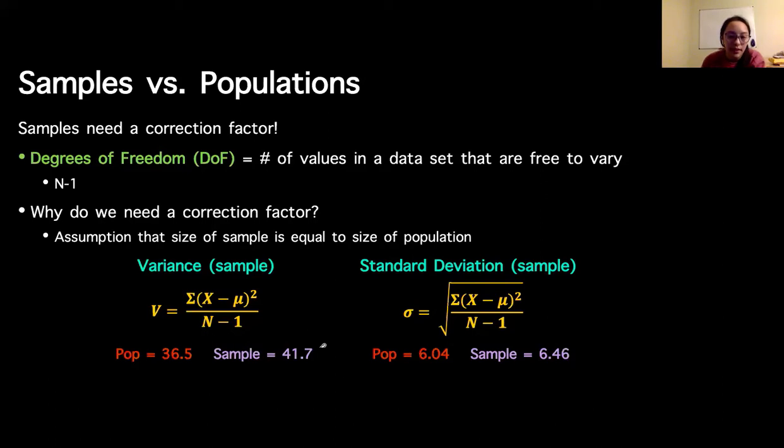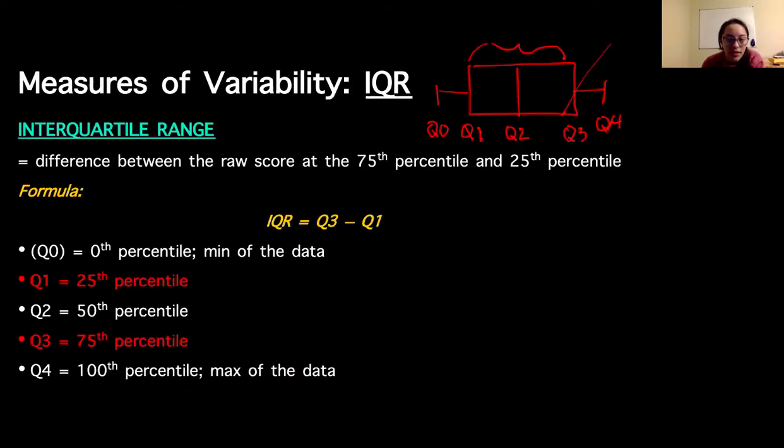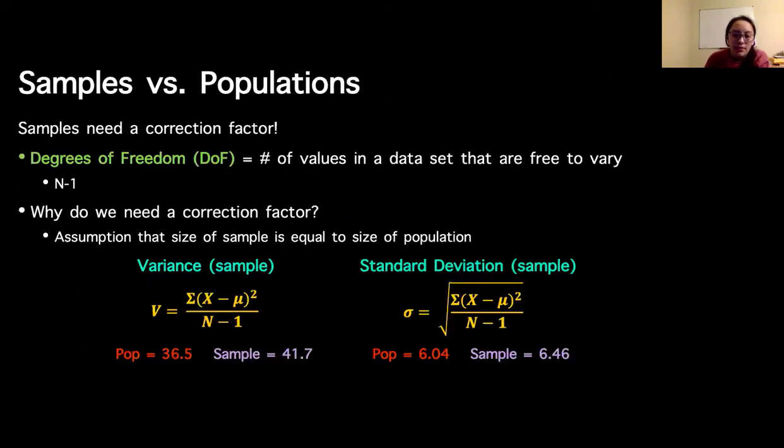But if I gave you guys, we can do an example of a previous slide, like the interquartile range, you would just get Q3 minus Q1. That would be an example of how you would get those equations. But I probably won't give you the variance and standard deviation, just because I don't require you guys to manipulate those. It's primarily more just the conceptual side of things. Thank you. All right.